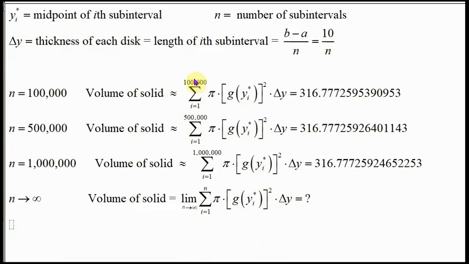This is 100,000 cylinders, 500,000 cylinders, and 1,000,000 cylinders. And here we want to let n, the number of cylinders, or the number of subintervals, approach infinity, i running from 1 to n, with n approaching infinity. This is the case where we divide the solid into an infinite number of slices.